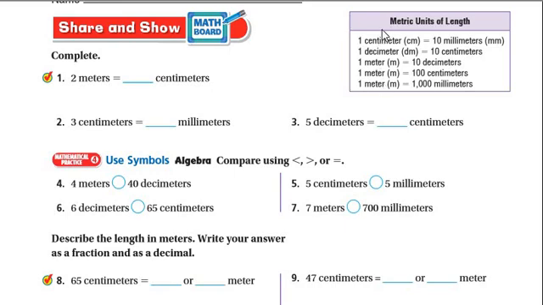The same is true for all of the units here on the left. Like 1 decimeter equals 10 centimeters, 1 meter equals 10 decimeters, or 100 centimeters, or 1000 millimeters. So you can memorize it. If you cannot memorize these numbers, you can use this table directly to solve your problems.